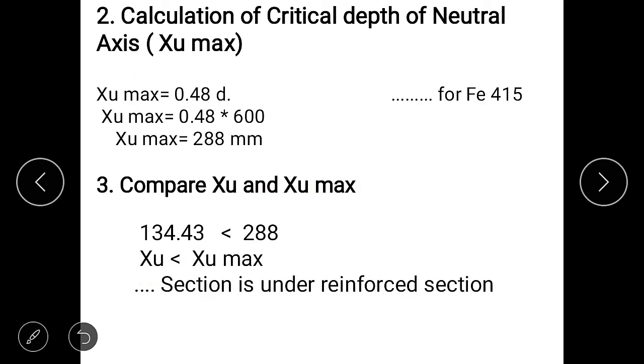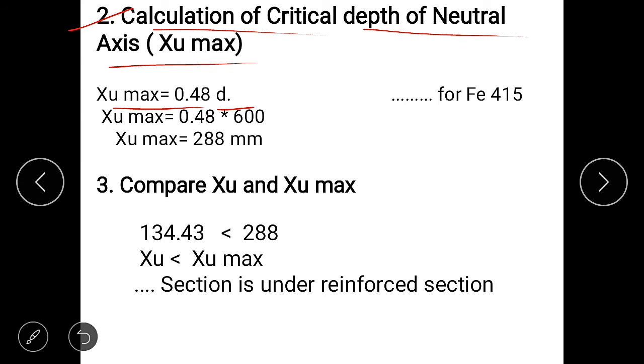So in the second step, for all problems having these two steps, it is compulsory to find which category the section is considered in: under reinforced section, over reinforced section or balanced section. Before calculating AST or Mu, we have to find that. Okay, so second here, calculation of critical depth of neutral axis, XU max. XU max is equal to 0.48 D. What is 0.48 D?